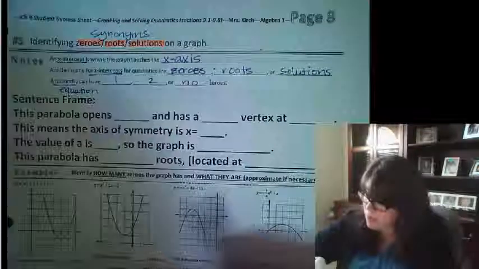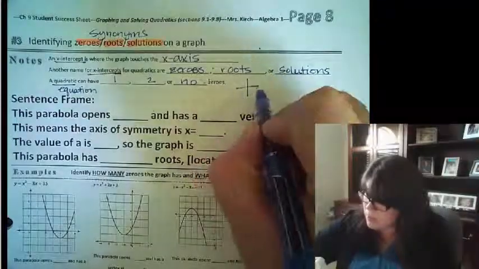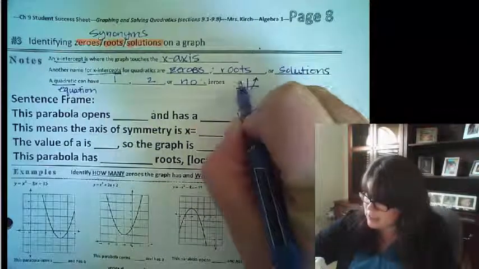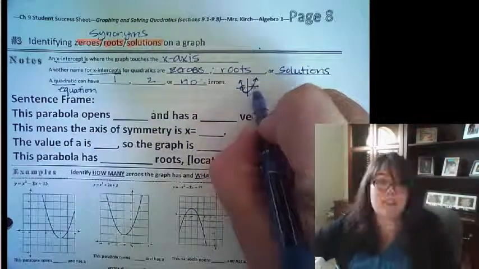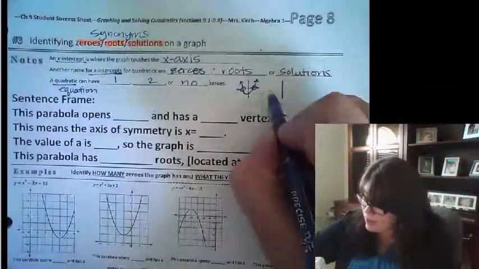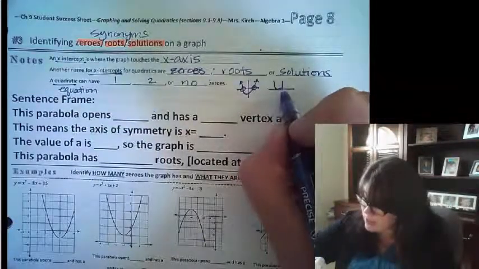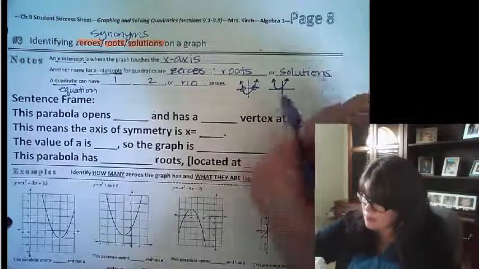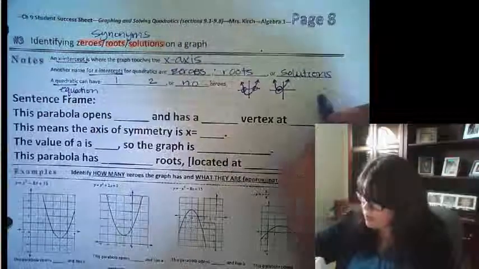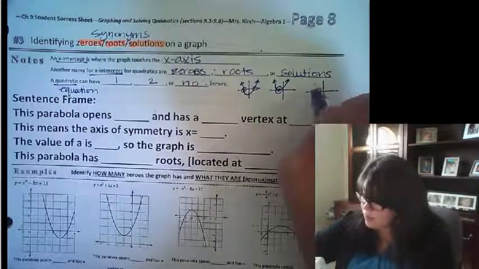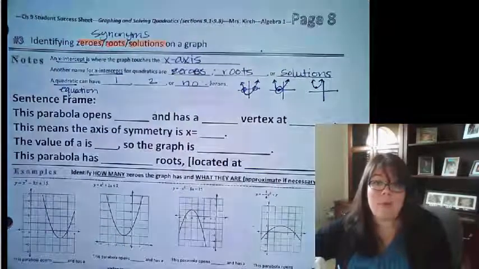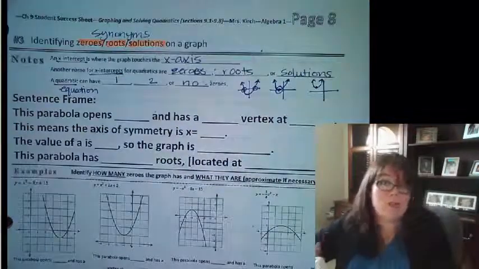Remember we've talked about this before, where it could be a parabola like this, where it touches the x-axis twice. It could be a graph like this, where it touches the x-axis one time, just right there at that one spot. Or, of course, we could have a parabola that is off in the corner somewhere and never touches the x-axis, and that would be an example of a parabola that has no solutions.